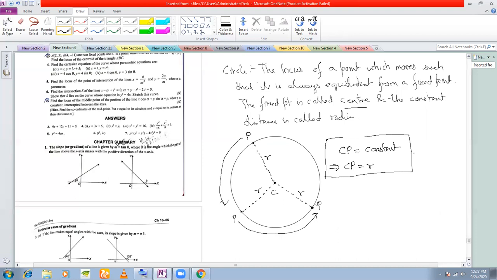The fixed point is called the center and the constant distance is called the radius. We will use this exact definition to derive the standard equation of a circle in the next class.